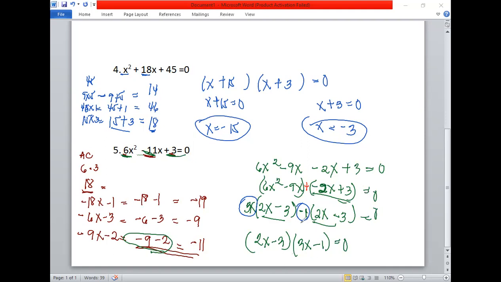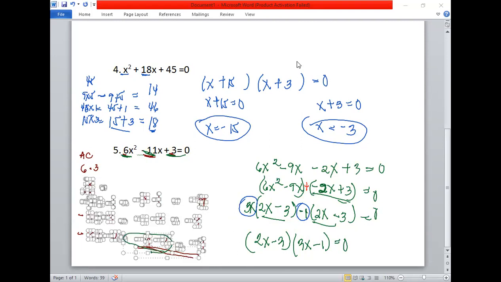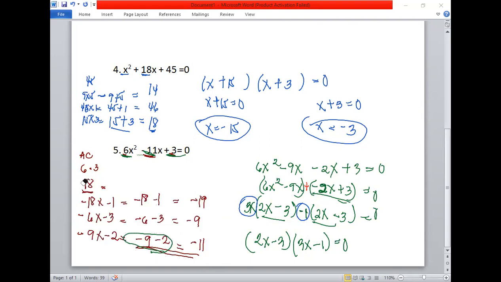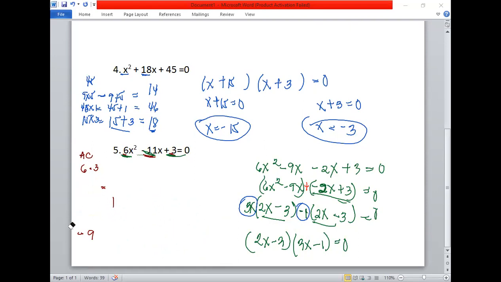Okay, so ito na ba yung sagot? Hindi pa. So kailangan natin siyang i-equate to 0. So we have 2x minus 3.